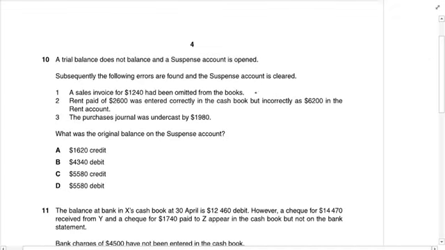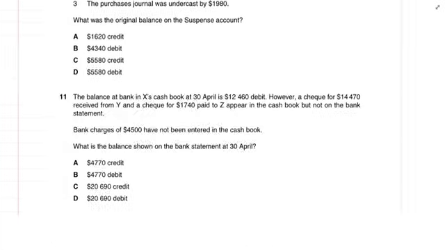So we look at the last question, which is on errors in suspense accounts. A trial balance does not balance and a suspense account is opened. Subsequently, the following errors are found and the suspense account is cleared. So what I would simply do is to pass the journals to correct these errors and draw our suspense account to calculate the original balance required by the question.